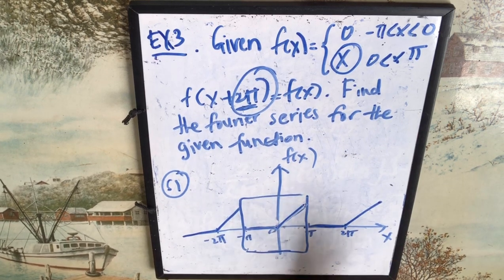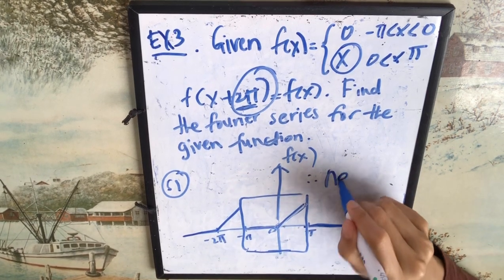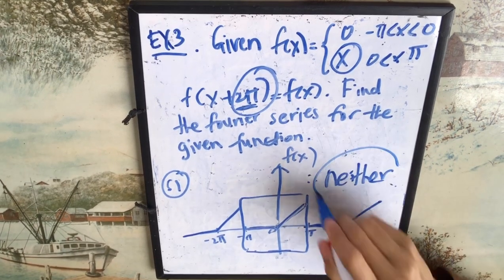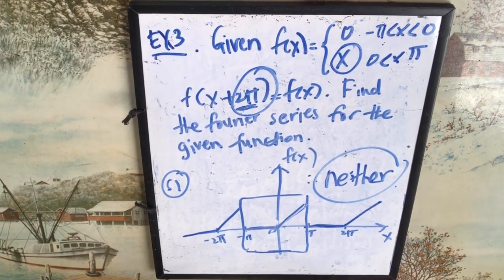So you cannot prove that this line is symmetrical about the y-axis or about the origin. Therefore this function is neither. This is an example of a neither function, meaning it's not even and it's also not odd.